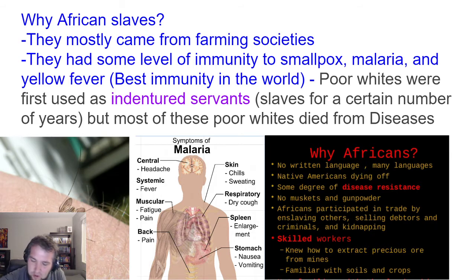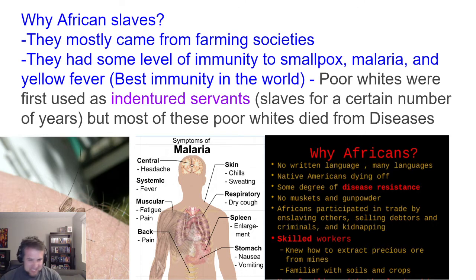But originally, Europeans did not bring Africans to the New World. Originally, they were bringing over their serfs, okay? These poor white people called indentured servants. The idea was you would get these poor whites to work on the farms in the tropical Caribbean and the plantations. But those white people continually were dying, okay?